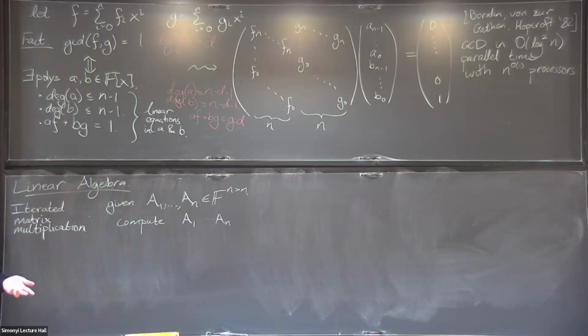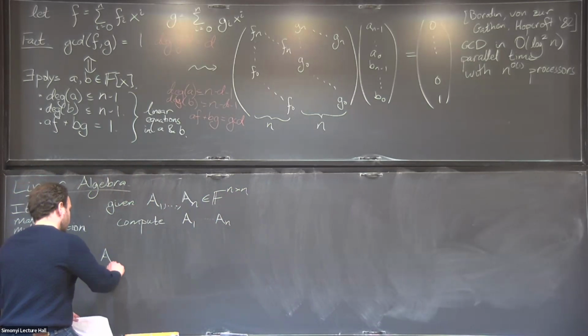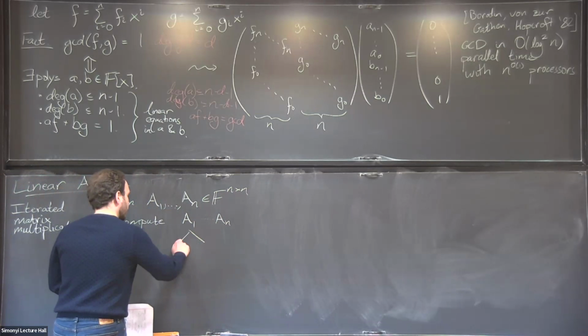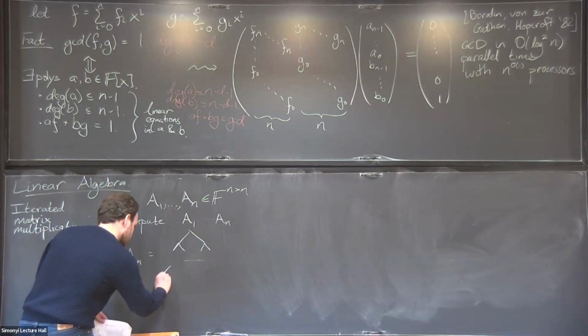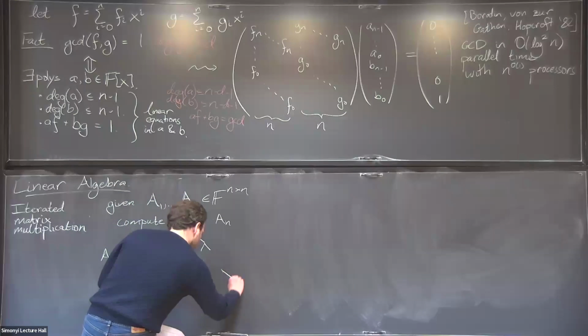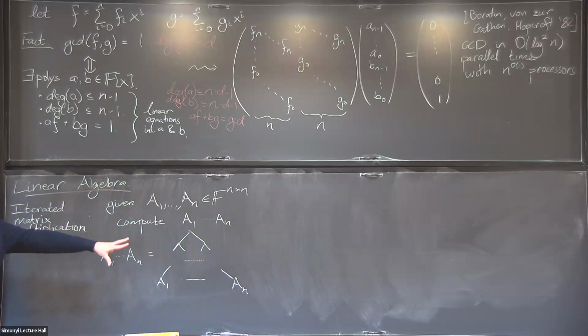How would you do this in parallel? Well, the answer is easy. You would just write this matrix product as a balanced binary tree of matrix products. This tree of matrix products has log n depth, and each individual matrix product will cost me log n depth to implement.